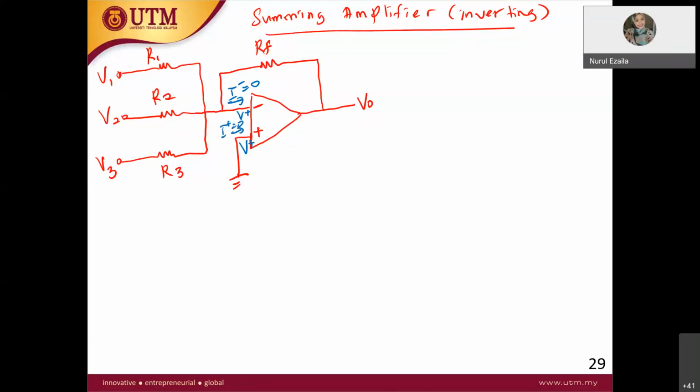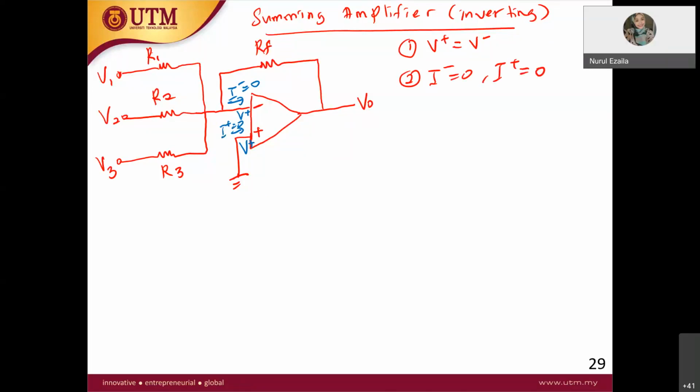Okay, so two assumptions made. Write down everything so that you know. V plus equals V minus, and number 2, no current can enter: I minus equals 0, I plus equals 0.